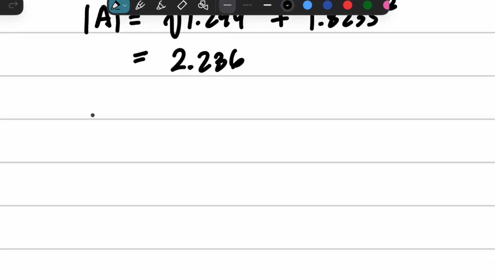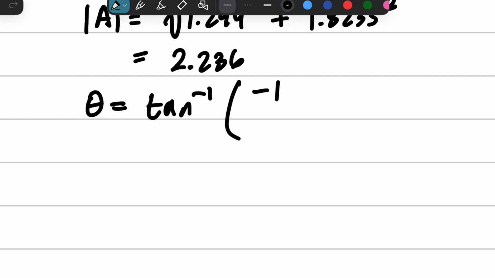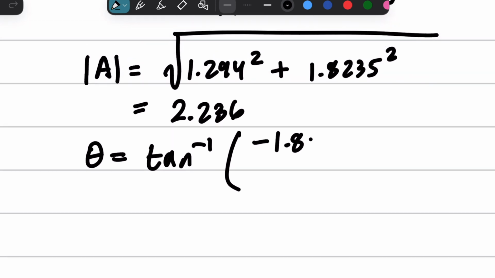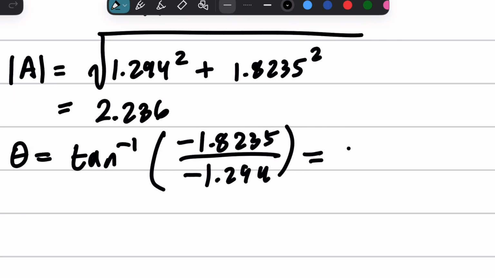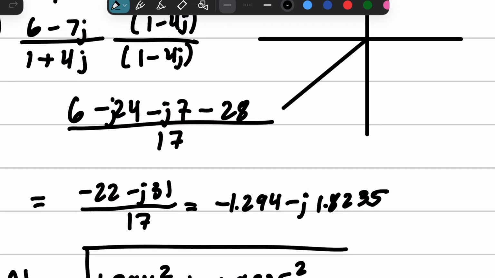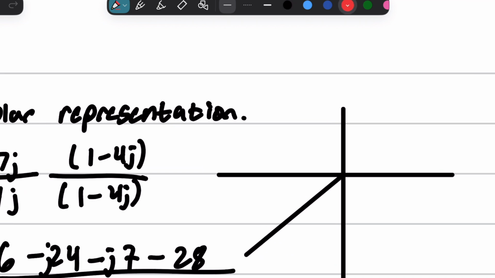And then that's going to turn into 2.236. And then when we do our theta, we're going to get tangent inverse, and then right here, the negatives do matter. We're going to have negative 1.8235 over negative 1.294. And that's going to give us 54.6375. But if we look at our representation, that number is going to be right here.